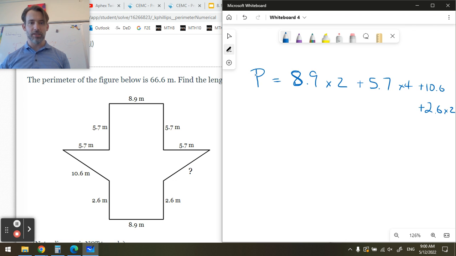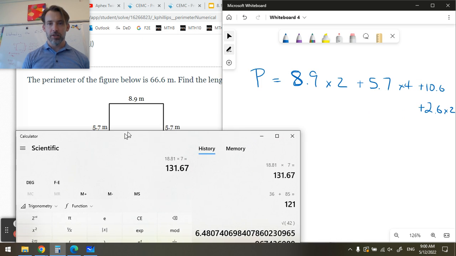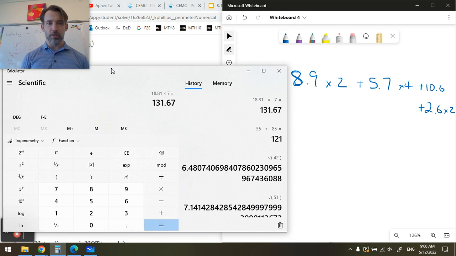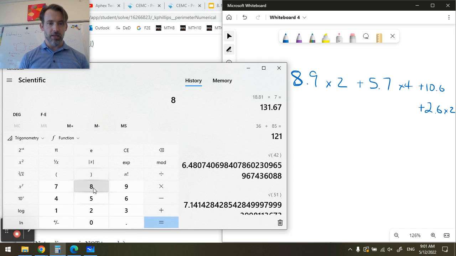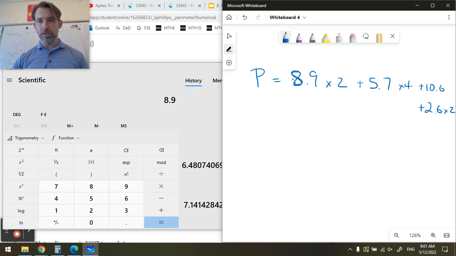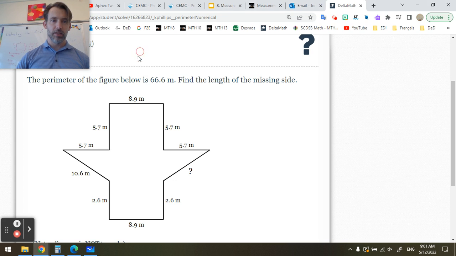There's two 2.6 sides, so I can use multiplication to speed that up a little bit. And then I'm going to just crunch that on a calculator. Oh, and I should also say plus the unknown side, so plus x. Because that's this unknown side there.